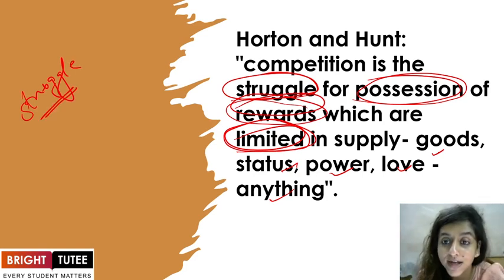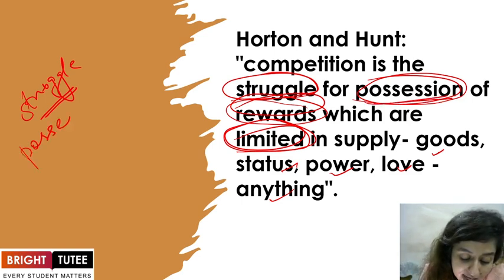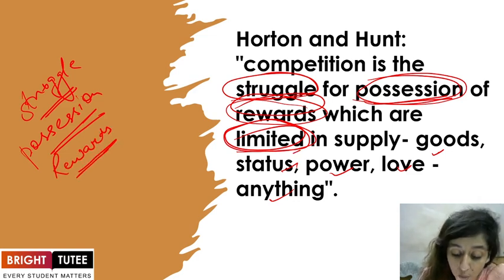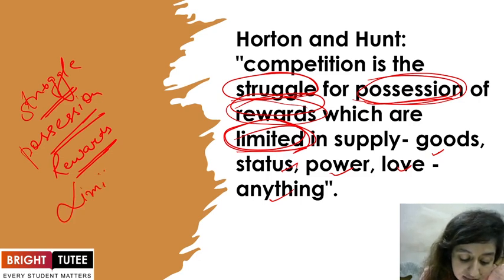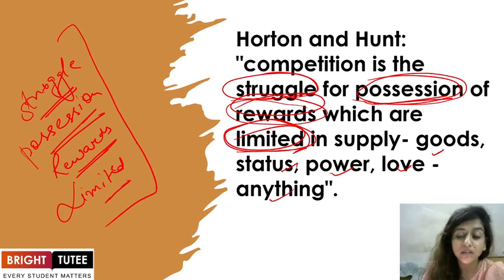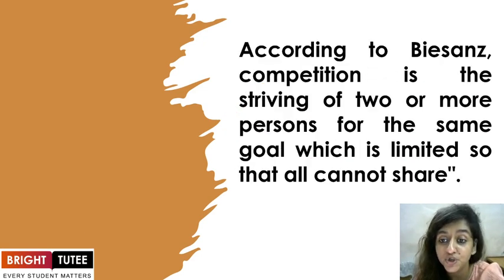Second, for possession, to possess that, to own that, to have that. Of reward, some kind of achievement which is limited in supply or limited in number. All these aspects, a reward being there, a struggle being there, the possession being there, tend to be in the process of competition.